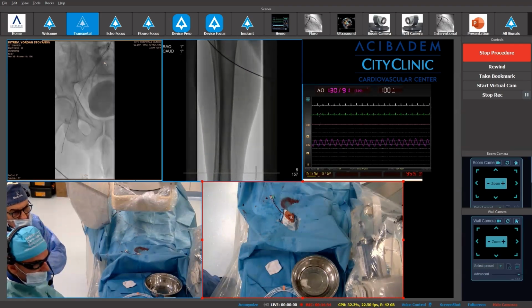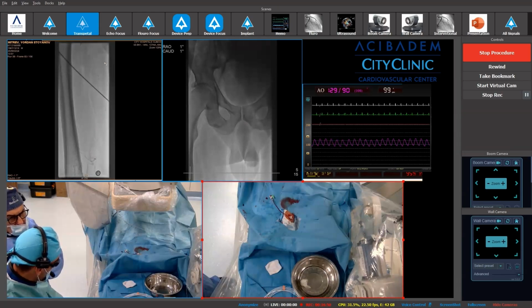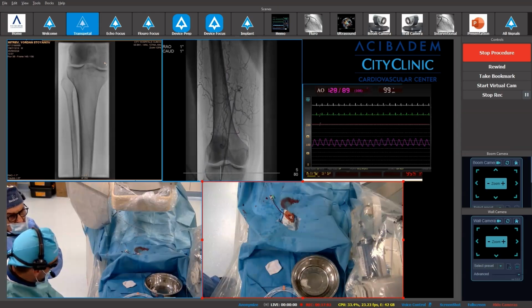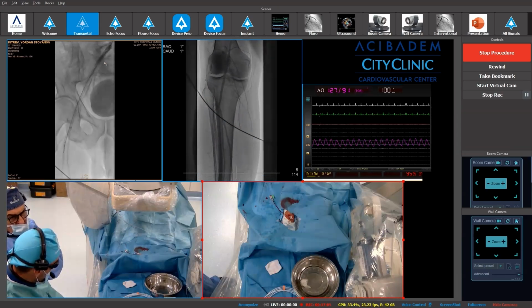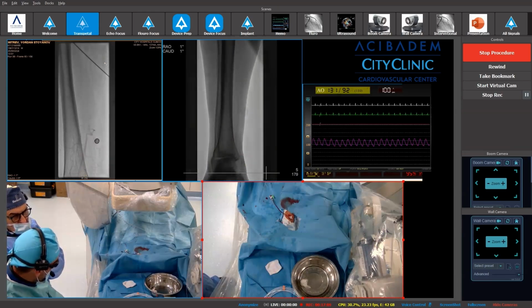Okay, and retro approach is my favorite. I agree that retrograde is better to recanalize. There are a lot of reasons for that.